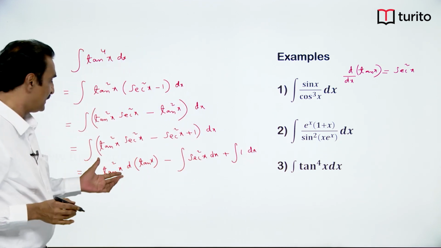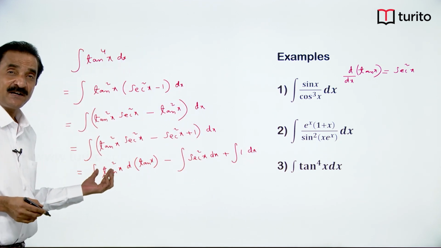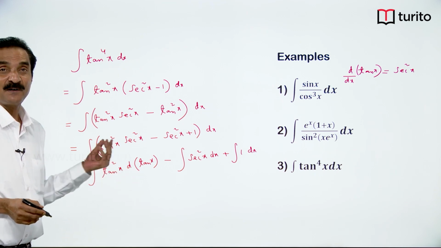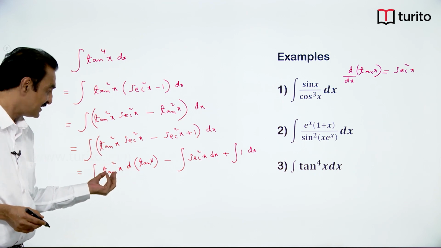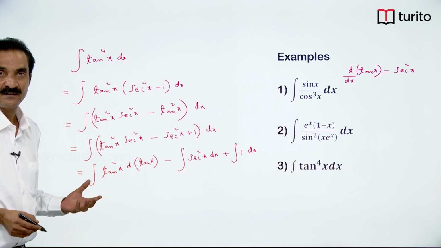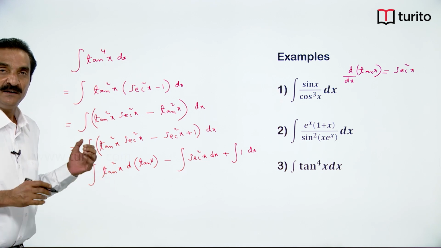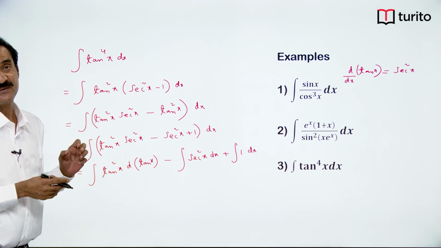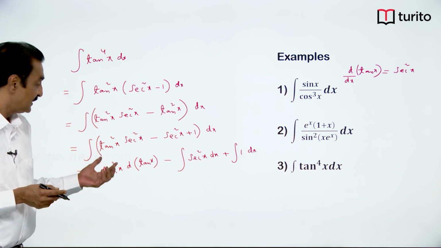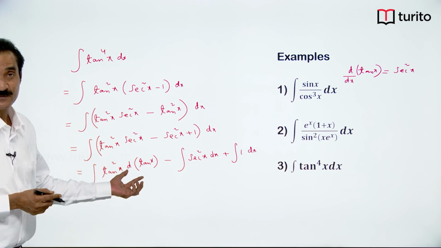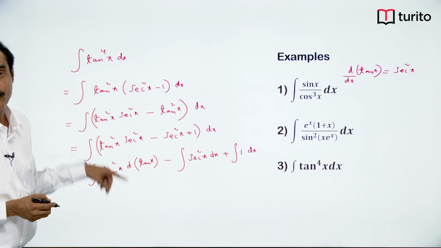Here we are integrating tan square x with respect to tan x. It is just like t square dt. Integral of x square with respect to x is x cube by 3. So, integral of tan square x with respect to tan x will be tan cube x by 3.